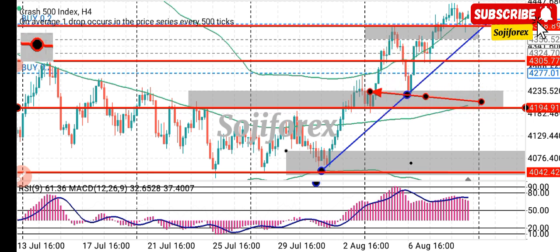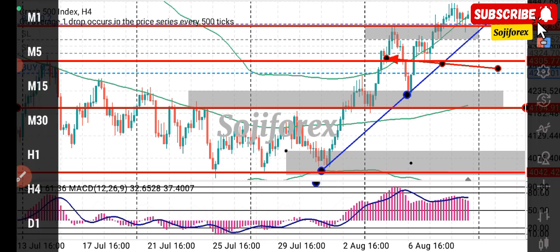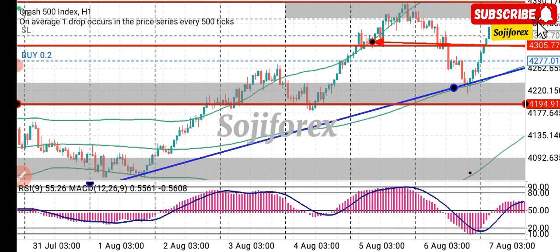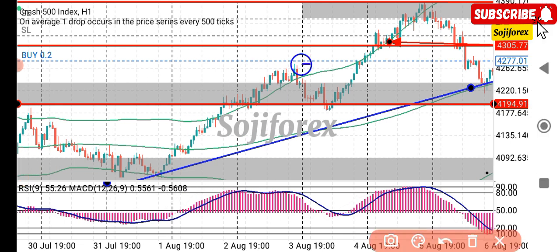So in this zone, immediately price break this area of resistance, all we need to do is we come to our H1. This is that resistance that price break on H4.